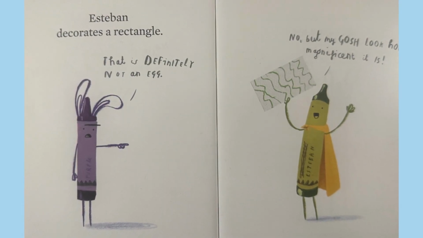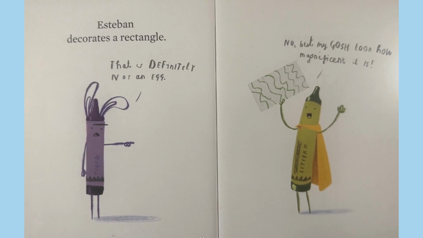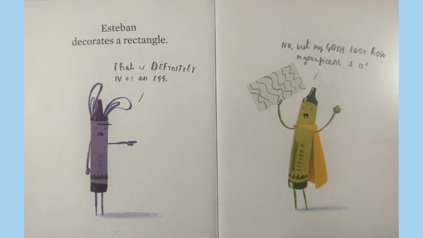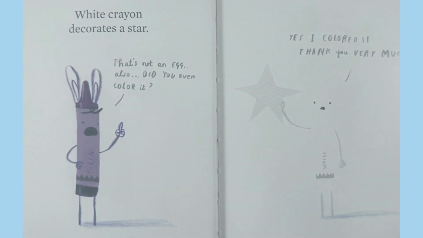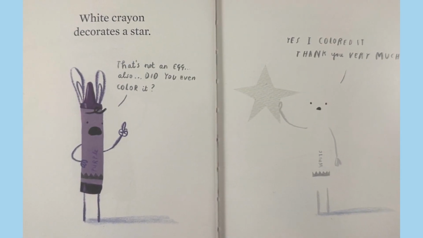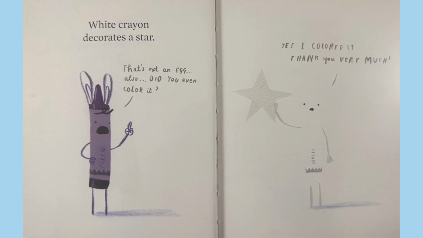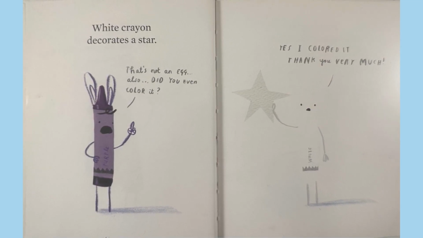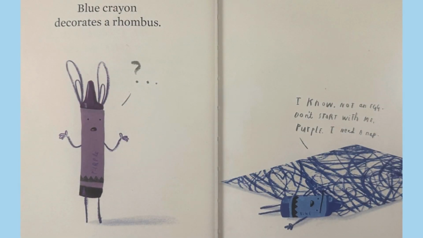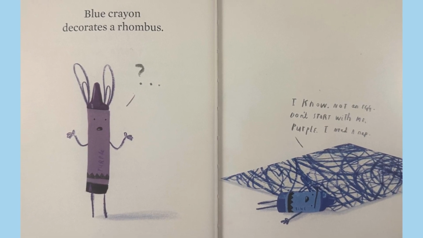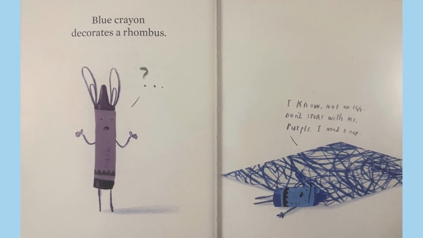Esteban decorates a rectangle. That is definitely not an egg. No, but my gosh, look how magnificent it is. White crayon decorates a star. That's not an egg. Also, did you even color it? Yes, I colored it, thank you very much. Blue crayon decorates a rhombus. I know, not an egg. Don't start with me, purple.